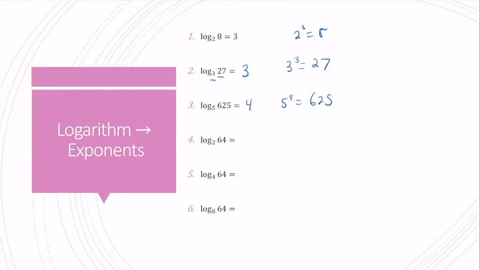Log base 2 of 64 is 6, because 2 to the 6th is 64. Log base 4 of 64 is 3, because 4 cubed is 64. And log base 8 of 64 is 2, because 8 squared is 64. It's a close call there.